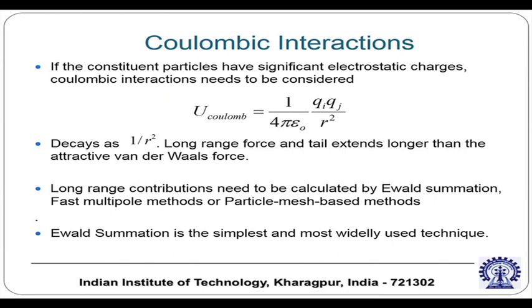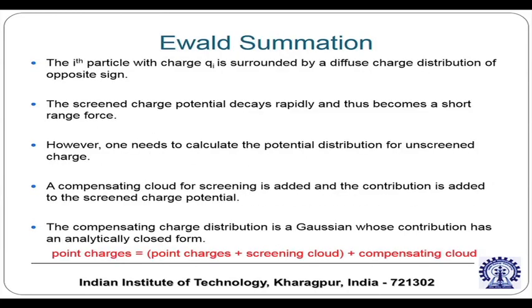Of course there are other methods also, but Ewald summation is the most commonly used technique. In Ewald summation, the ith particle with charge Qi is surrounded by a diffuse charge distribution of opposite sign. The screened charge potential decays rapidly and thus becomes a short range force.